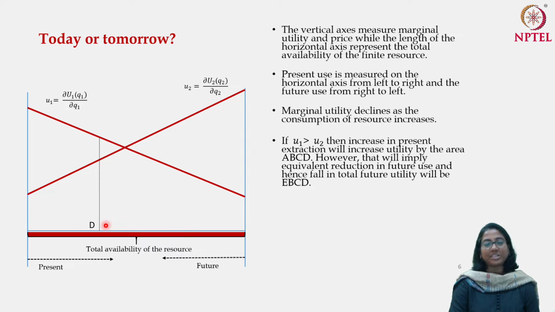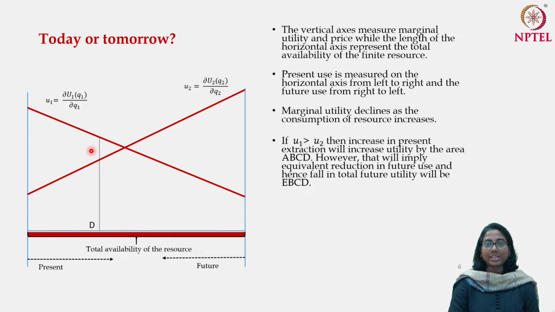Then what is the specification of this point? At this point, you see what is happening. U1 is greater than U2. That is, the marginal utility that you are deriving from today's consumption is higher than the marginal utility that you would have derived from the future consumption.